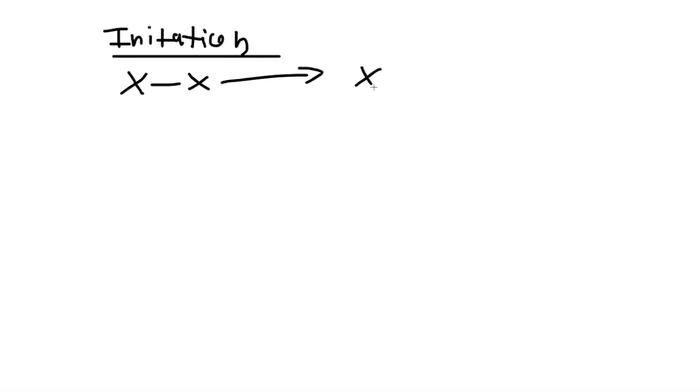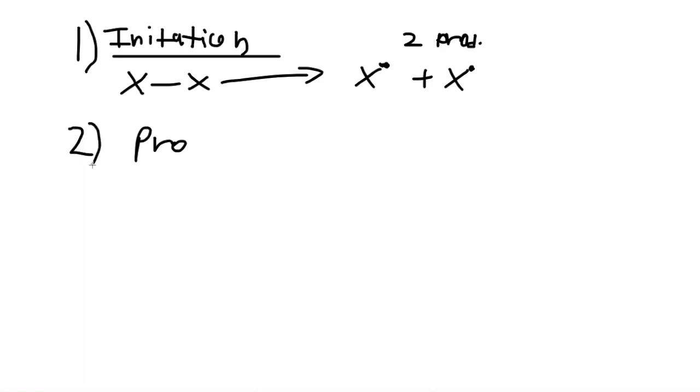Basically, you would start with, for example, two products like this, and it will form one radical plus another radical. So you would have two radicals on the product side. The propagation step is the next step. So the first step is initiation, the second step is propagation.